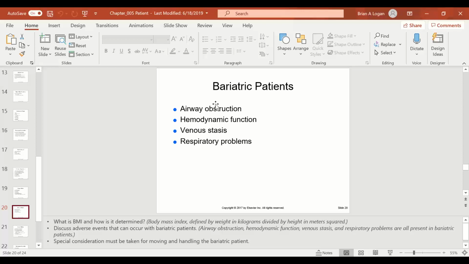Your hemodynamic function, you have more of you, so there's a lot more vascularity. There's a lot more blood vessels that have to get to all those areas. So you're easier to bleed. Right? As far as venous stasis, this is the blood that's in your veins returning back to the heart so that it can get reoxygenated in the lungs and then go back out as arterial blood, right?